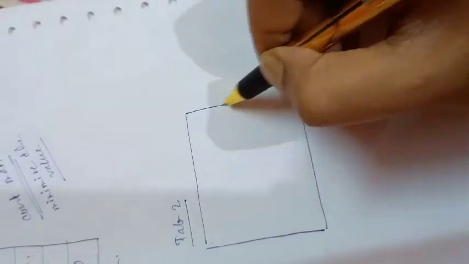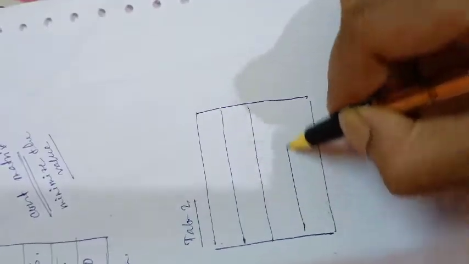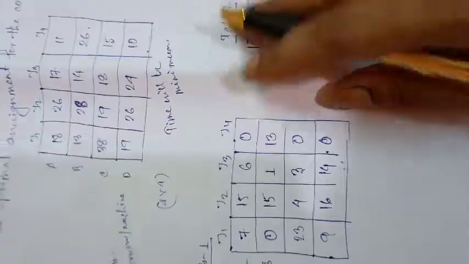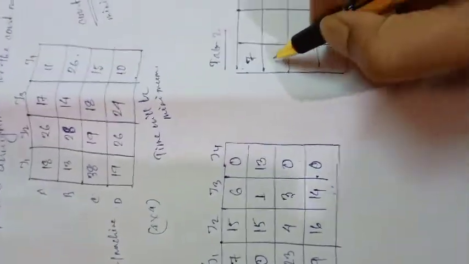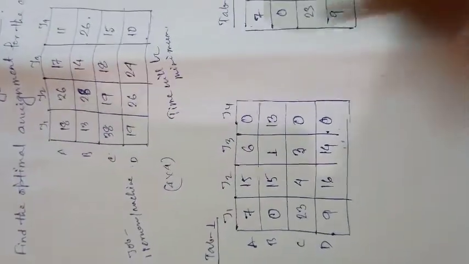I will construct the table again, and see what we get. The first row remains the same: 7, 0, 23, 9.